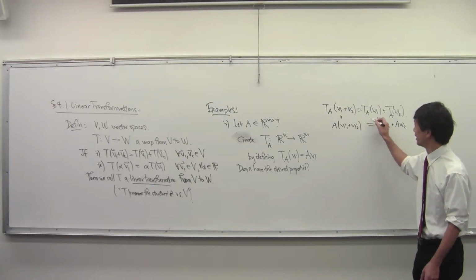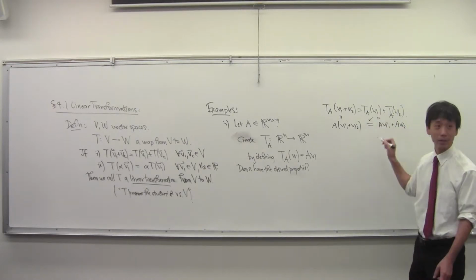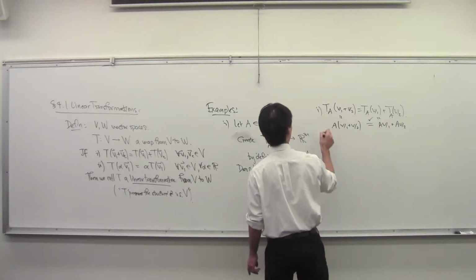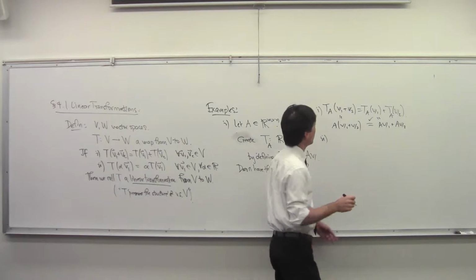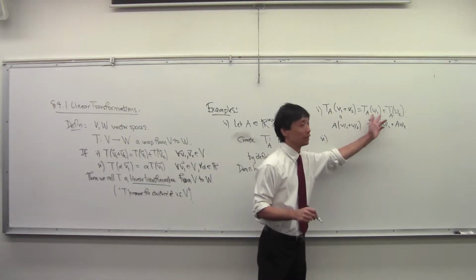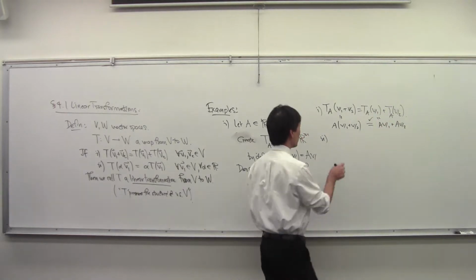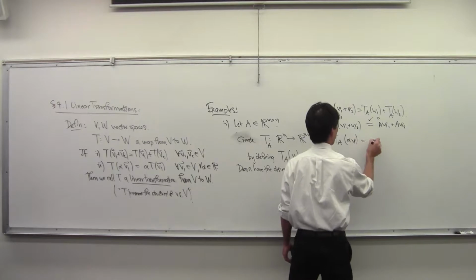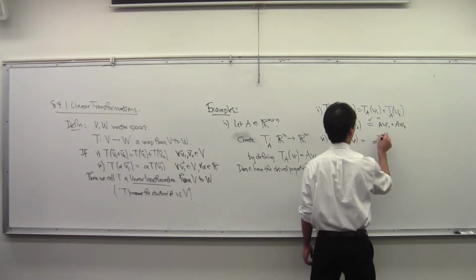Yes, right? So that's fine. The first property is fine. V1 plus V2 gets mapped to T of V1 plus T of V2. Second property, T of alpha V. Is that the same thing as alpha of T of V?